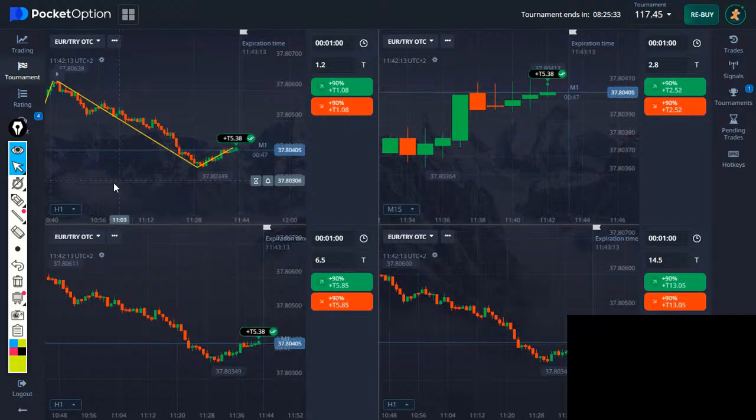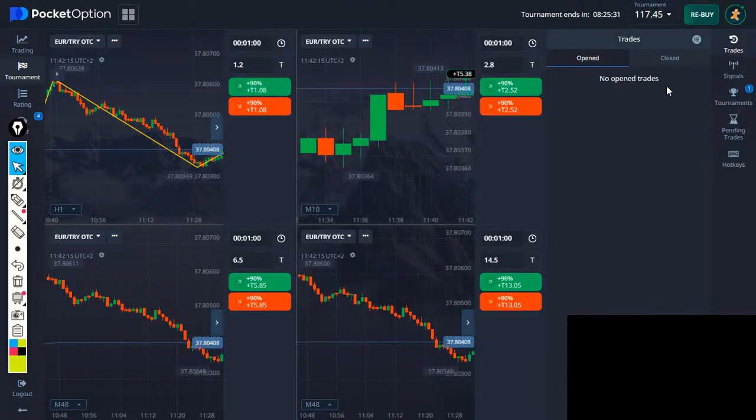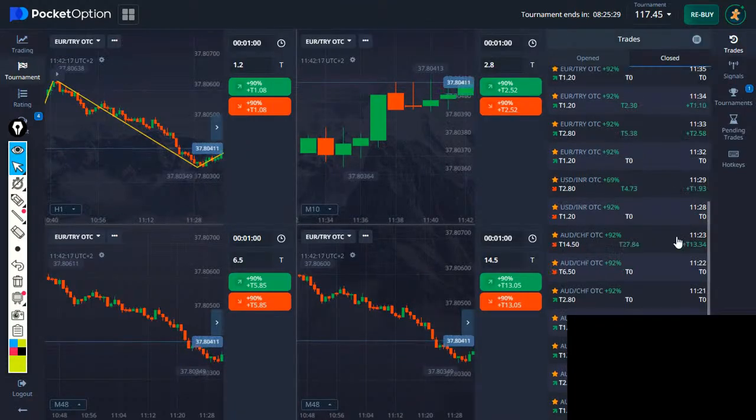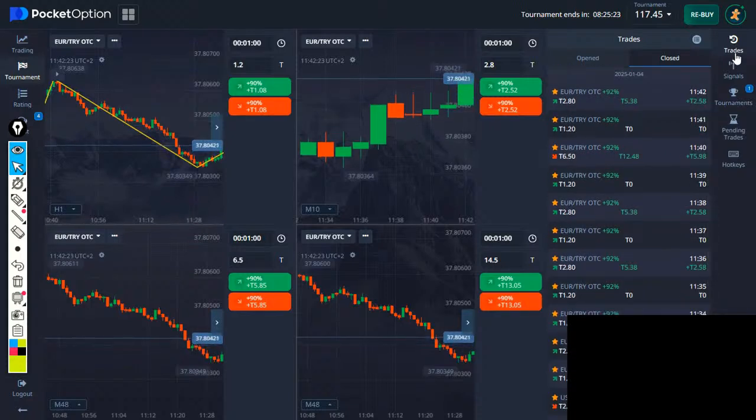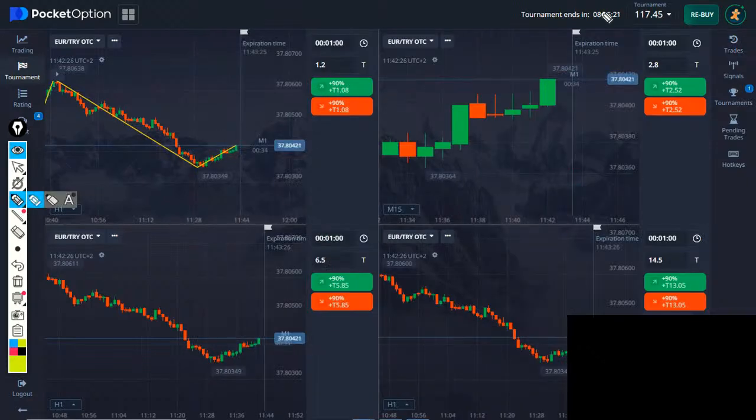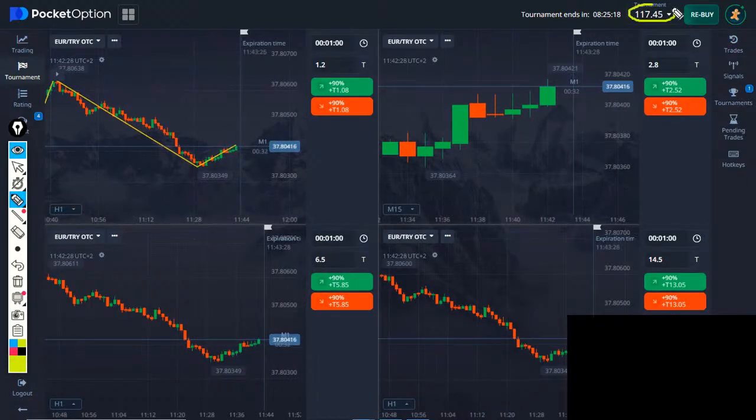All right, so guys, we've been trading for around, we started 11:17, let's say 25 minutes. We made till now 17%. So we started with $100. We made 17.45, which is quite nice.